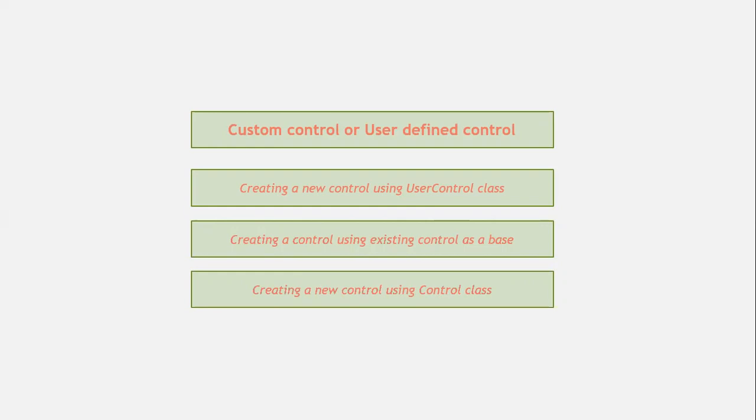Another way is to use an existing control as a base control for the control that we are creating. For example, text box is a control that is already available, but I want a text box with some added functionality, with some added attributes. Then I can use that text box to create my own text box.